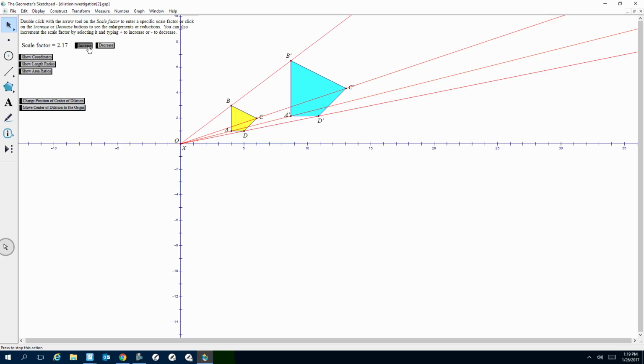Now, if I want to show it decreasing, you were asking me, can the scale factor be a negative? Look what happens if it's a negative. Look where the shape ends up going. Almost like a reflection. It just has a scale factor. Look at the scale factor up here. If I'm decreasing, right here, now it's a negative. See what happened to the shape.